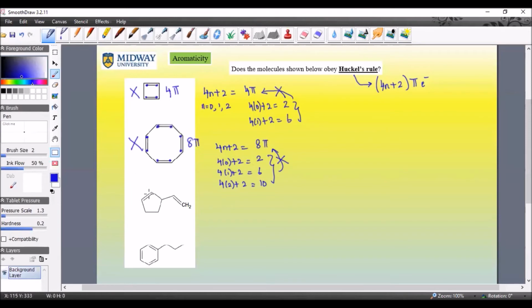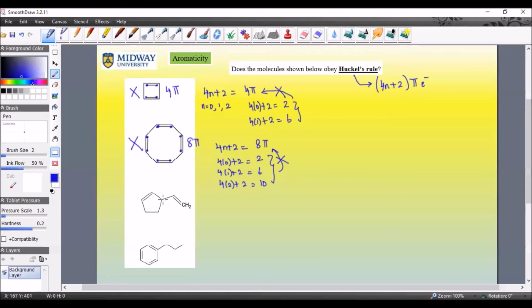Now here is the tricky one. If you missed the key point, we only count the pi electrons inside the ring, not what is attached to it. This is attached outside the ring. This is what really counts, right? So this may not end up meeting the requirement for resonance, like it may not meet the other two criteria.